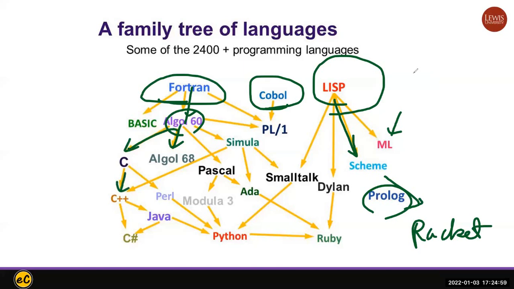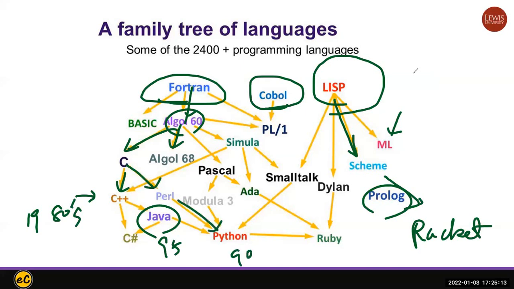That's about the 1980s. And then in '95, Java, okay? And in the 90s, C also influenced Perl and Python. In the early 90s, we have the Python language, okay? So that's the so-called scientific calculation line.